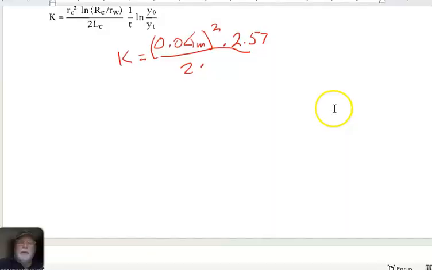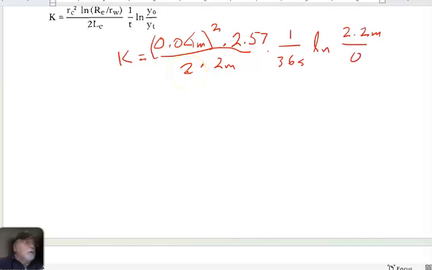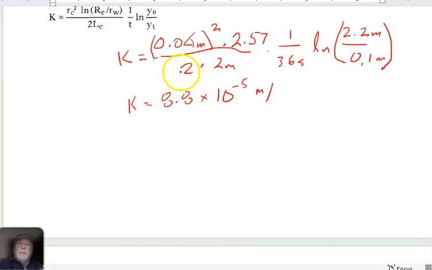All the L's are going to be 2 meters here, times 1 over T. Our T was 36 seconds, times the log of Y0, which was 2.2 meters, over our selected YT, 0.1 meters. If you plug that all out, you get K equals 8.8 times 10 to the minus 5 meters per second.